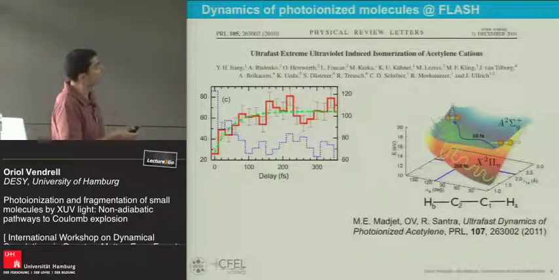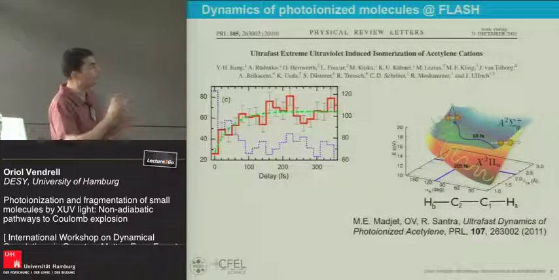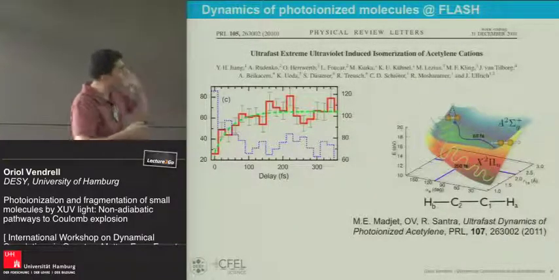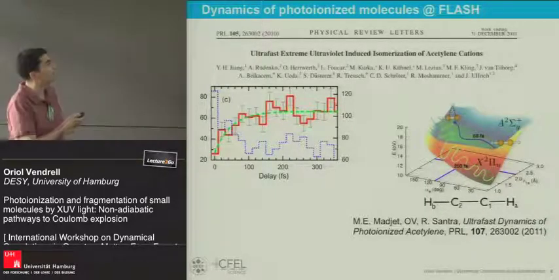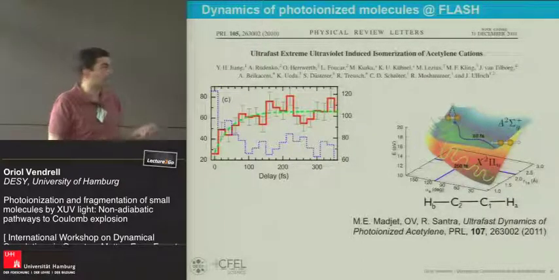What they did, as he introduced this morning, is use FLASH to remove an outer valence electron. Then they waited for a certain time until the proton moves, and then they probed the system again with another pulse and looked at the occurrence of fragments that contain the two protons on the same side of the molecule. And then they concluded that when one ionizes into this cationic state, the system undergoes ultrafast isomerization.